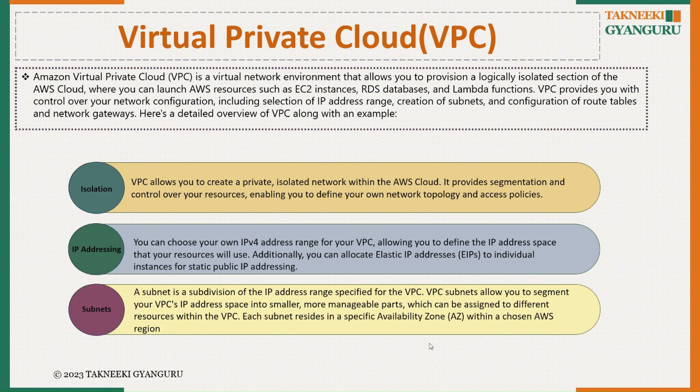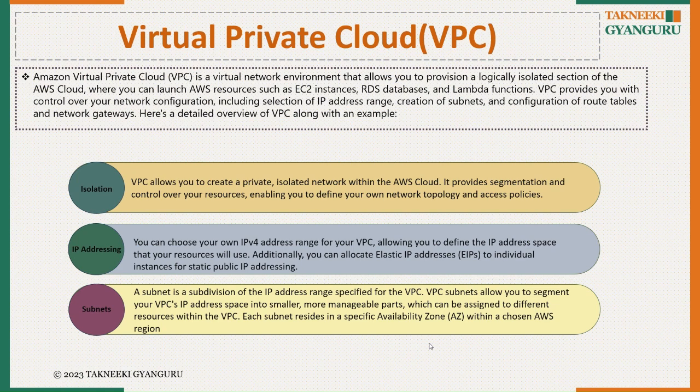And these subnets can also be specified in an availability zone, meaning different zones, right? Like in the Mumbai region we have different zones, right? If one zone fails, the other zone will still work. So in that case we can have our resources in different zones, right?